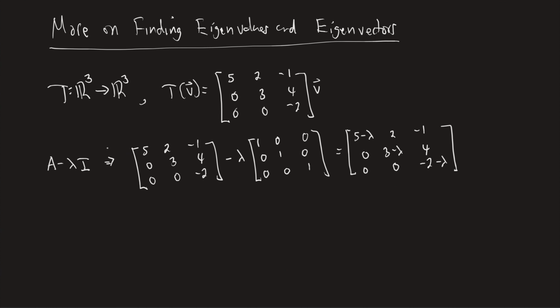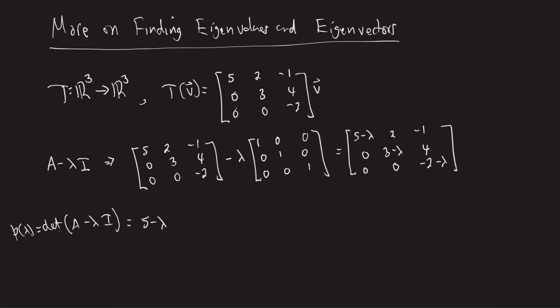That's the start of finding the characteristic polynomial, but then we have to find the determinant of this. The determinant, which is what we call our p of lambda, is the determinant of A minus lambda I. You might remember that when you have a triangular matrix, it's very easy to compute the determinant. It's simply the product of the entries on the main diagonal.